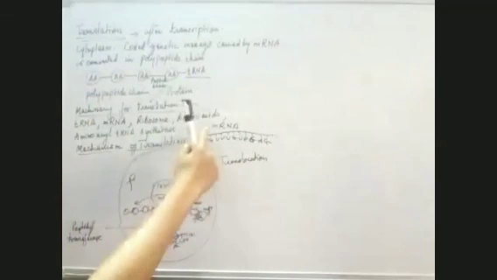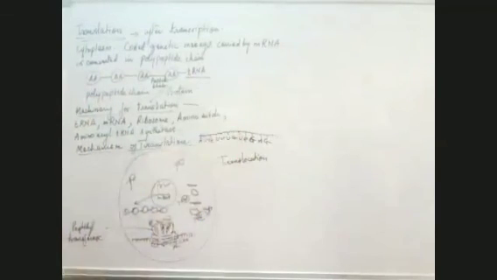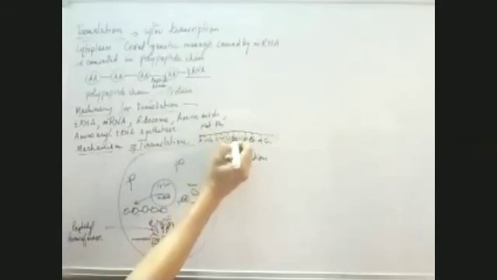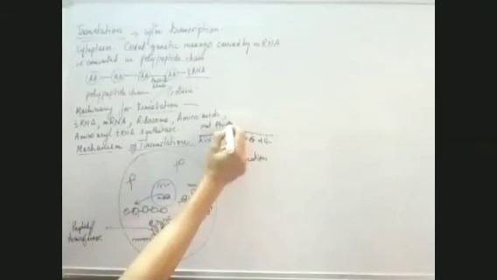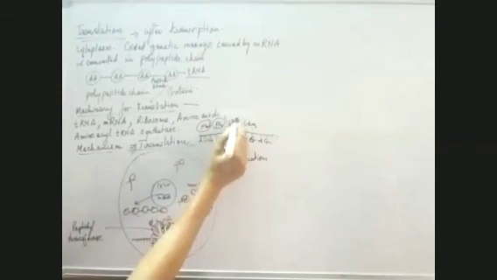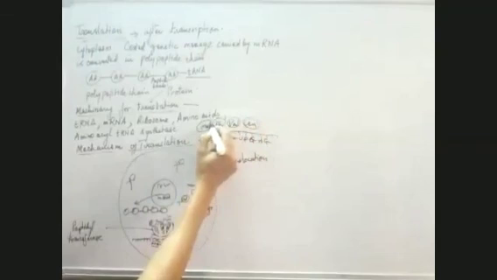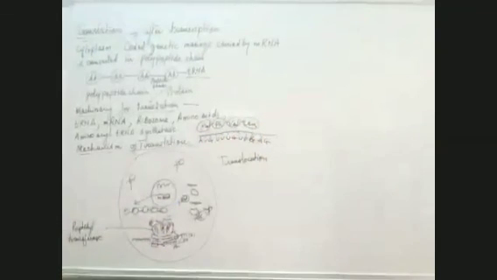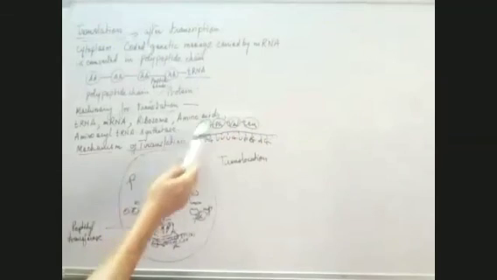On the basis of these messages in the ribosome, what will happen? This will code for methionine. This will code for phenylalanine. This will code for valine. This will code for leucine, and on the basis of these amino acids, they will finally be joined by peptide bonds, and what we get is a protein.